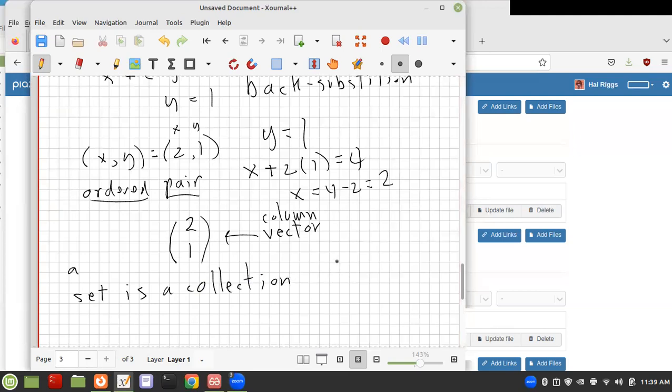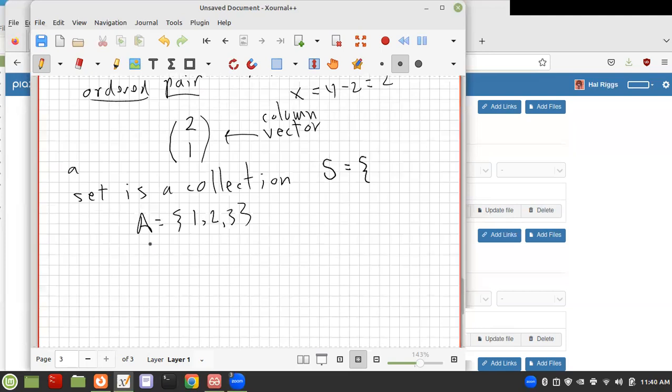So we're going to write the solution to this first system as a set. For example, here, the set A equals the numbers 1, 2, and 3.